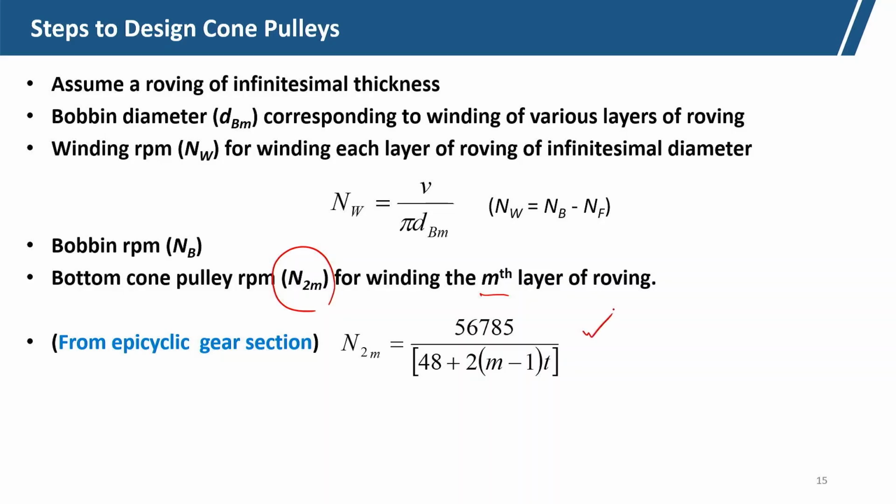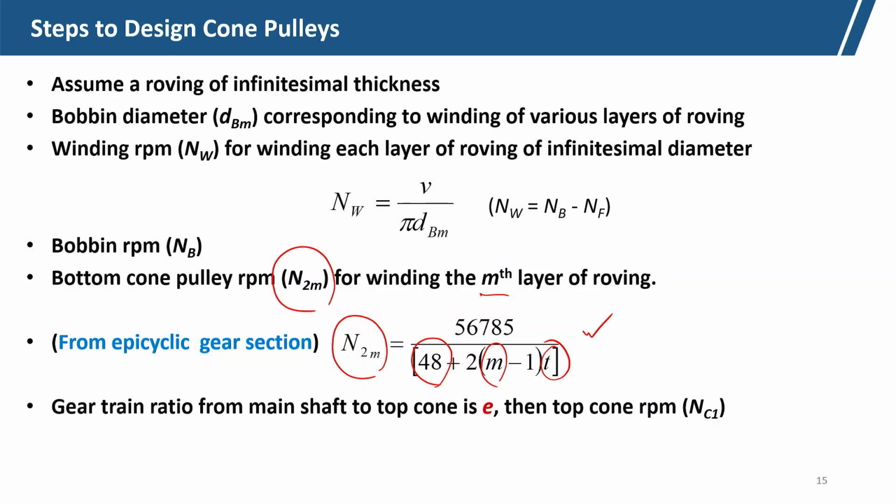This derivation we have already done. So, for the given gearing ratio, N2m, the bottom cone pulley RPM, is given in terms of the bare bobbin diameter, the empty bobbin diameter, the m minus 1 layers, and T, the thickness of the roving.